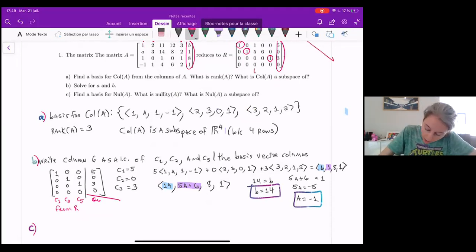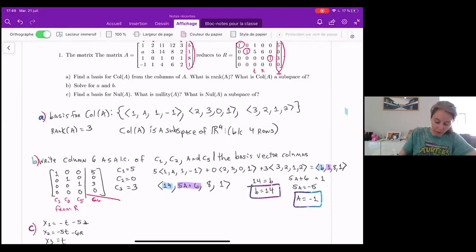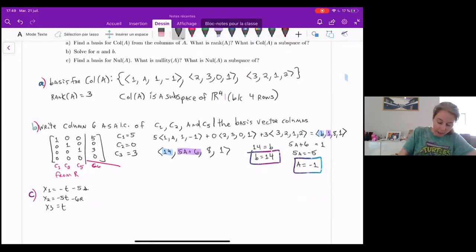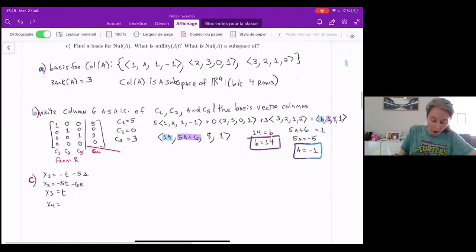So here I'm gonna have 3 free variables. So I'm gonna call them t, r, and s. And I'm gonna write out my infinite solutions. So I'm gonna say that x1 is equal to -t minus 5s. x2 is minus 5t minus 6r. x3 is equal to t, and I'm gonna have to go down here. x4 is equal to r.